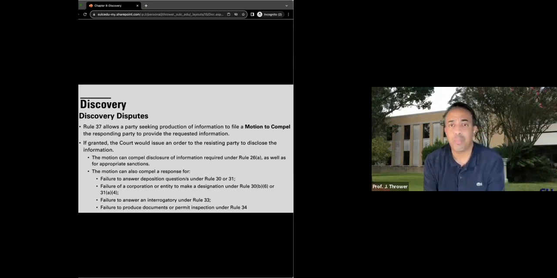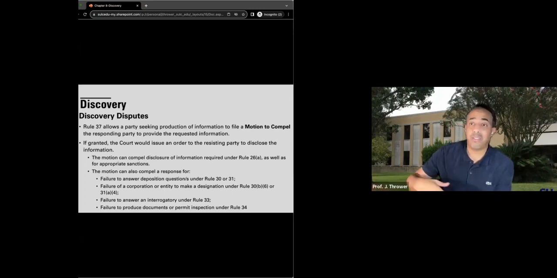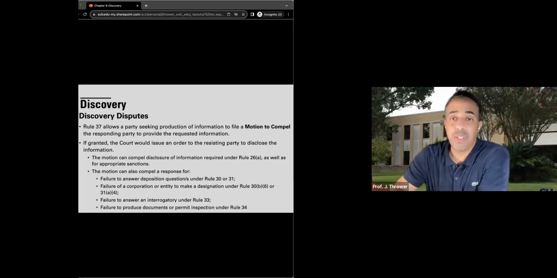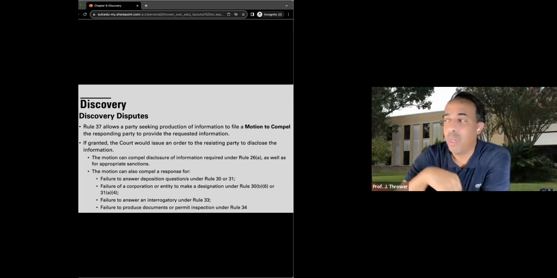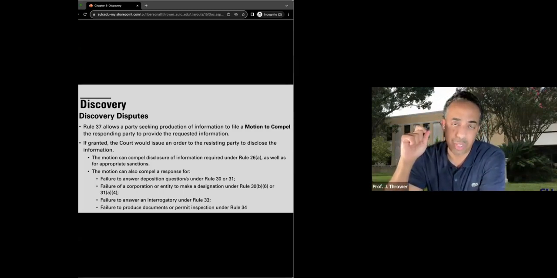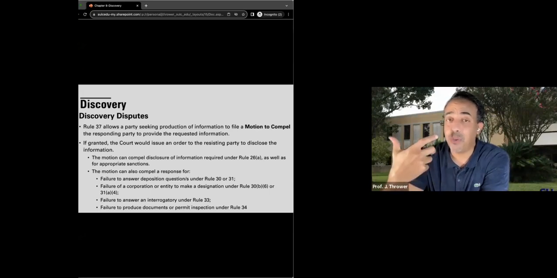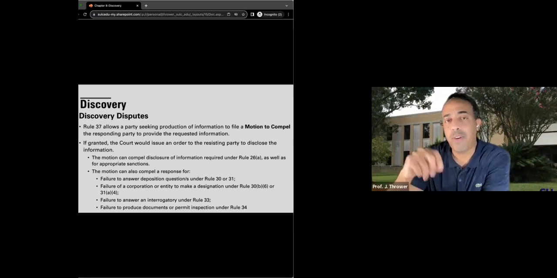A motion can also compel a response for failure of a corporation or entity to designate the proper party to respond to discovery or deposition under Rule 30(b)(6) or Rule 31(a)(4). So again, in those instances, when a corporation is requested to undergo and complete a deposition, if the corporation fails to designate a corporate representative, then the aggrieved party can file a motion to compel the corporation to designate a representative.